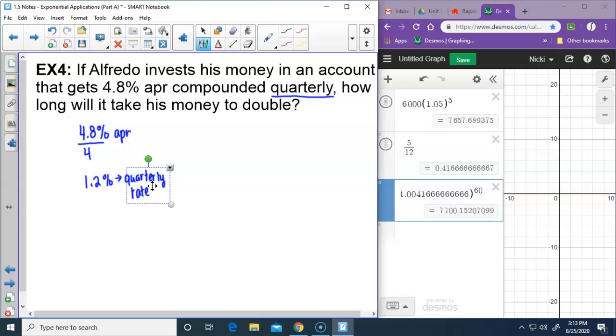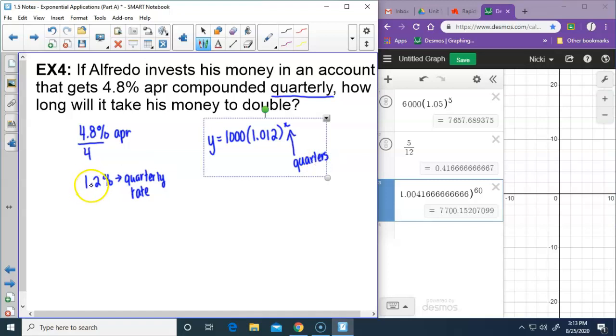So I'm going to say that Alfredo has $1,000. So I'm going to make my equation y equals 1,000 times 1.012 to the x power, and because we're compounding quarterly here, that x is the number of quarters.